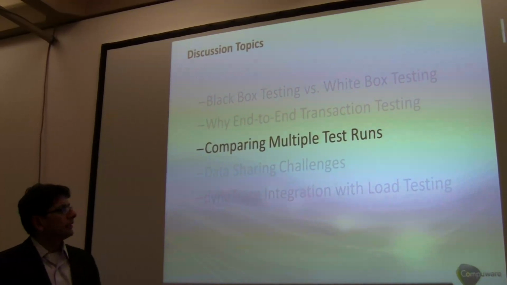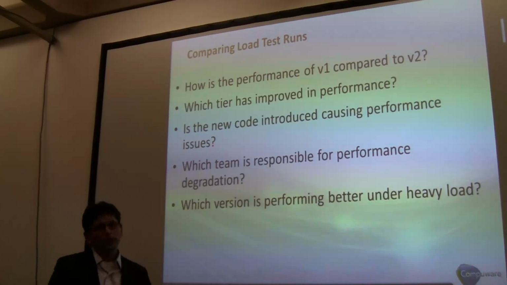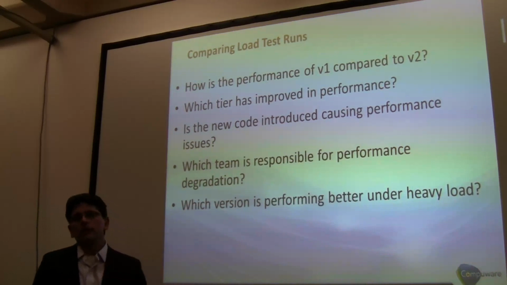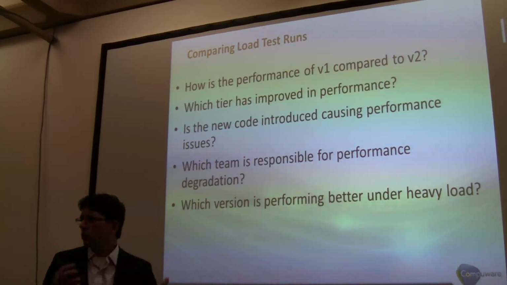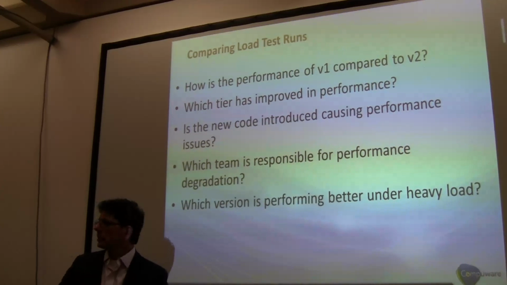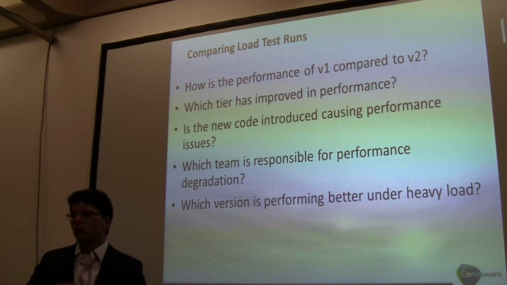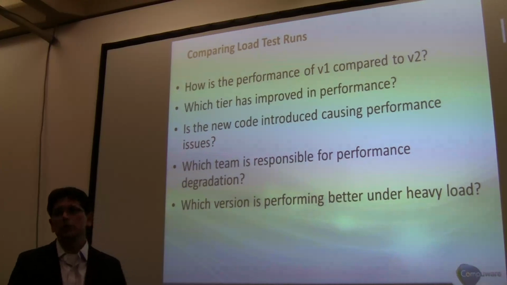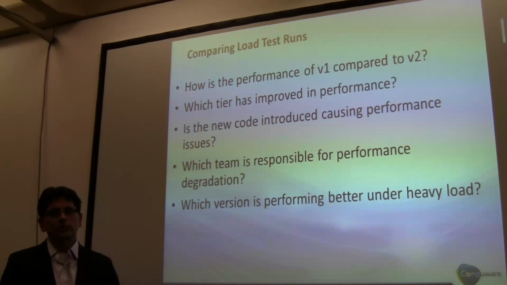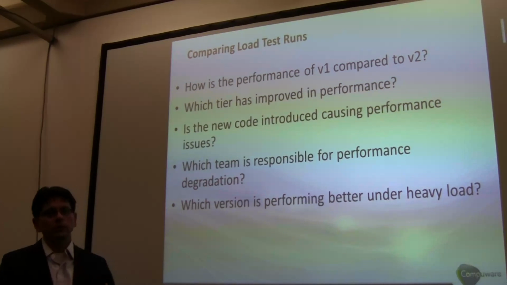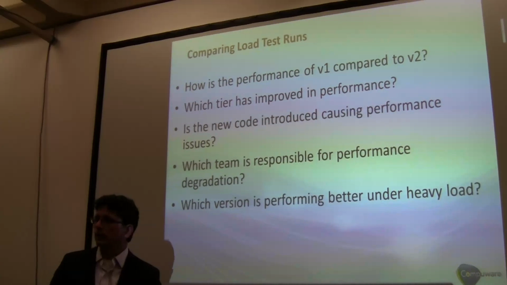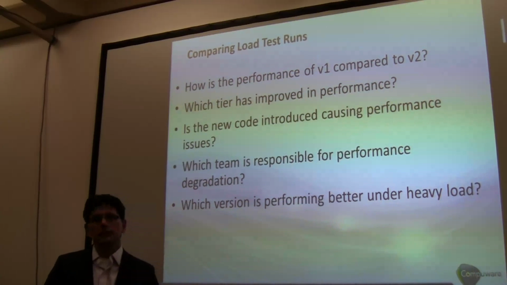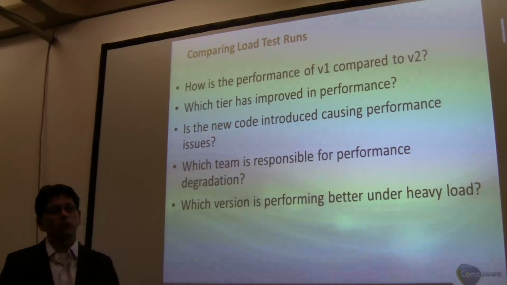The other thing, as I mentioned before, is how do you compare results? You ran version 1 of your application, you got some data, you were happy with it, you promoted it to production. Now the developers have made an enhancement to the code, and version 2 comes out. How do you know whether the new module, new functionality or fix has improved the performance or made it worse?